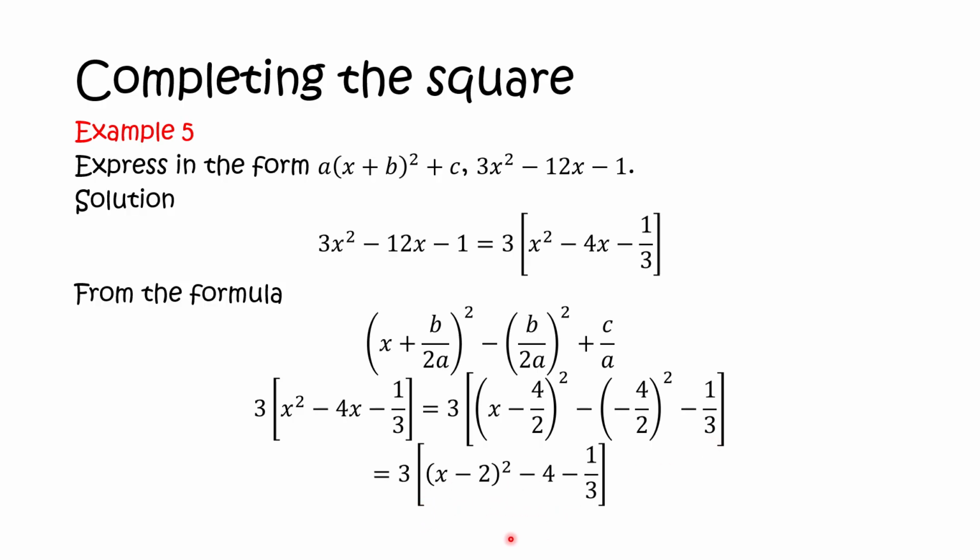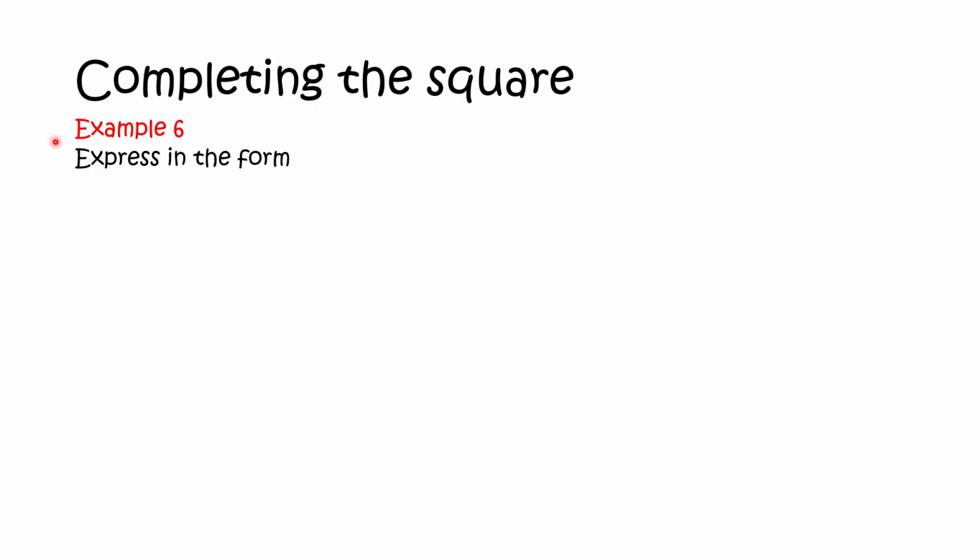Now, simplifying this further, our final answer becomes 3 times x minus 2 squared minus 13. So in the form that is given, the c is minus 13, the b is minus 2, and the a is 3.